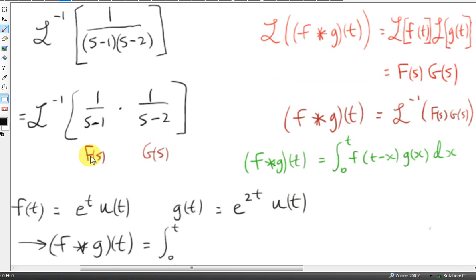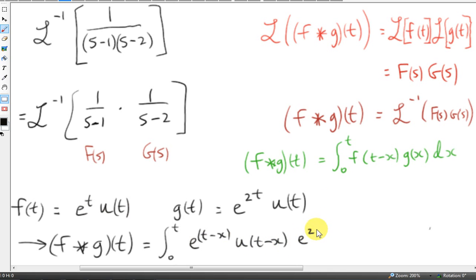We know that the inverse transform of big F times big G is f star g of t. So let's calculate that. So this is f of t. So we want to get f of t minus x. So we get e to the t minus x times u of t minus x times g of x.